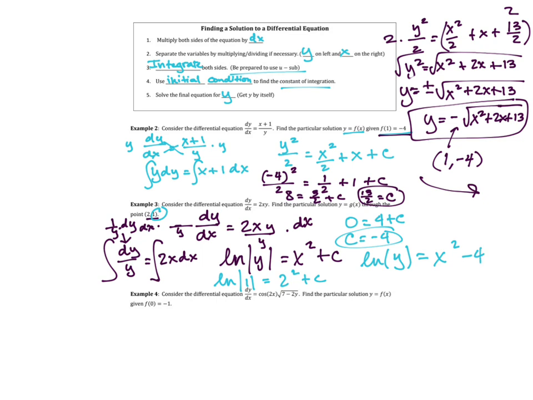How do I solve for y? E. So y is equal to e to the x squared minus 1. Y or g of x.